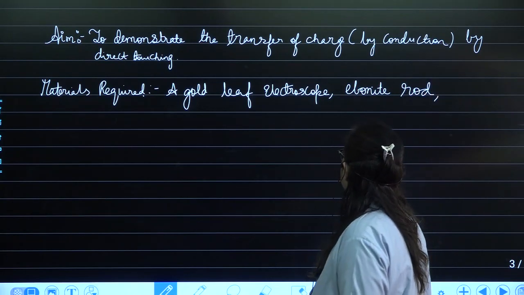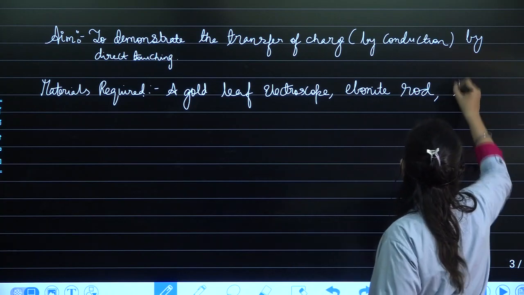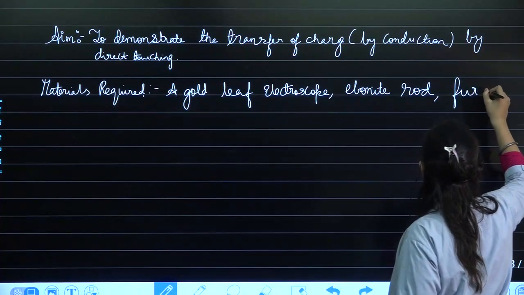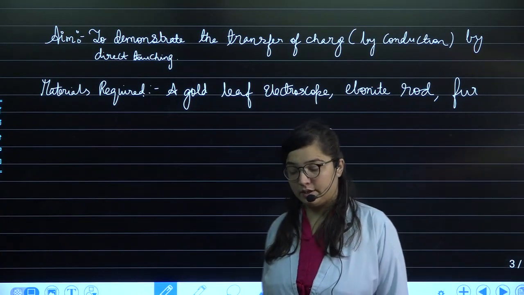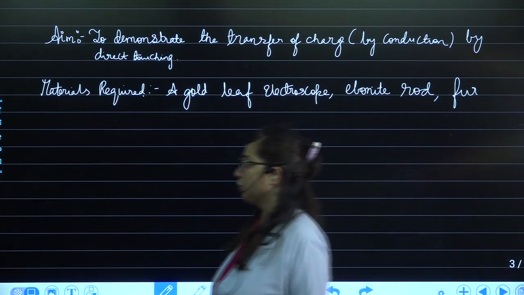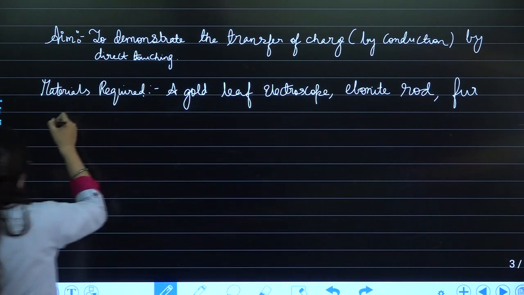This many things are needed. Let's move further to its diagram.